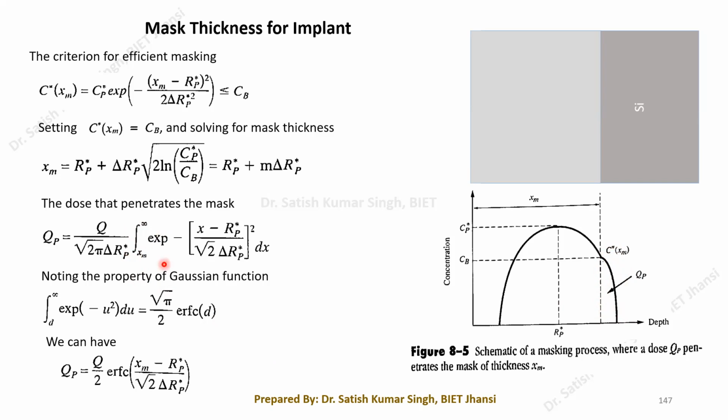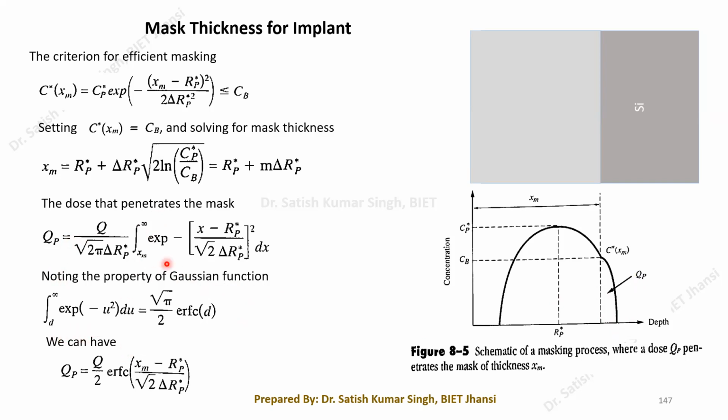As we already have this equation, you have to integrate from xm to infinity. Initially we did it from minus infinity to infinity to calculate the entire dose. To calculate just this amount of dose, we go for integration from xm to infinity.